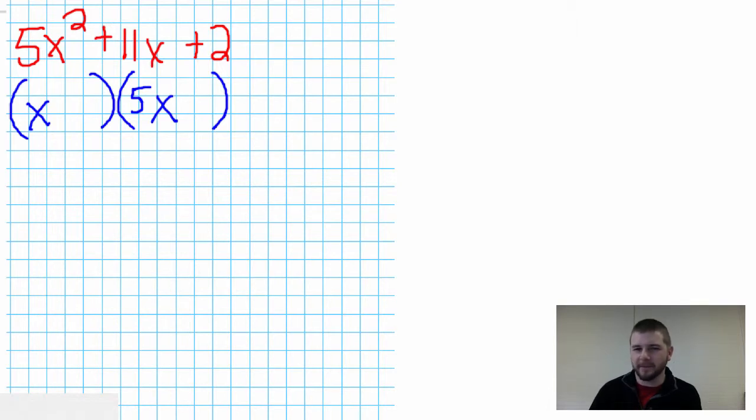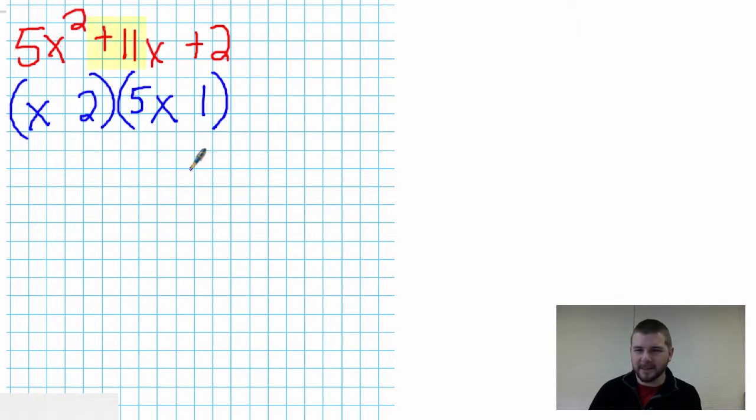That's a good start. Now we need last terms that, when multiplied, equal 2. Well, again, 2 is a prime number, so we consider 2 and 1. Perhaps the 2 should go in this position and the 1 in this position. If it turns out that is not the case, we can switch them and see what happens.